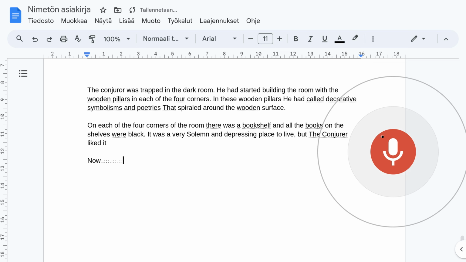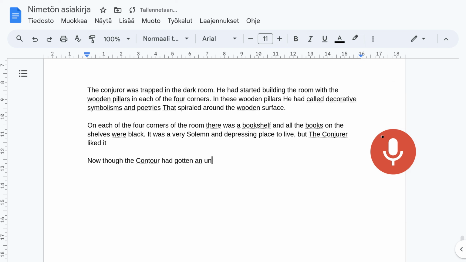Now though, the Conjurer had gotten an, what's the word when you have not foreseen something to happen? Uncalled or uninvited, or it's not like that. Unforeseen. Unforeseen visitor to the dark room.